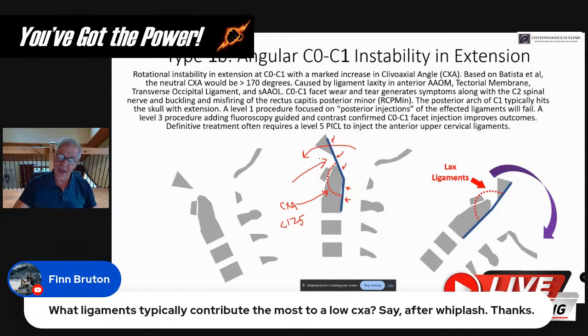Now, the good news about that flexion problem, meaning the CXA is collapsing or going too far down in flexion, causing too much stretching of the spinal cord, is that these posterior ligaments are also important.